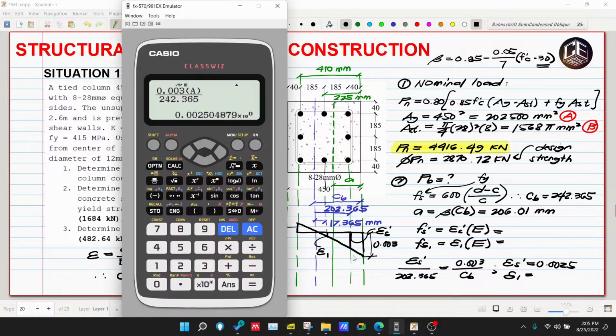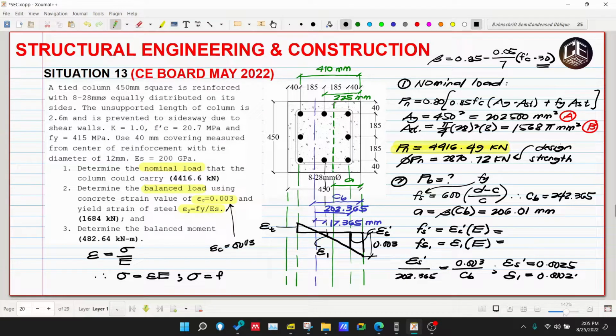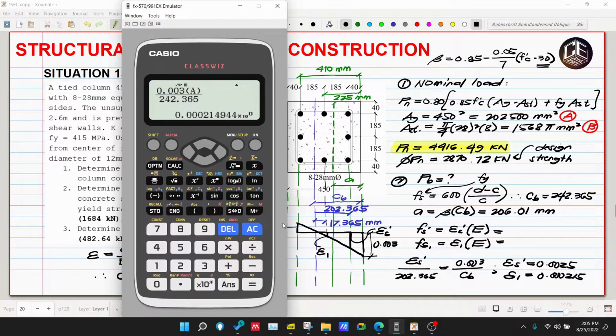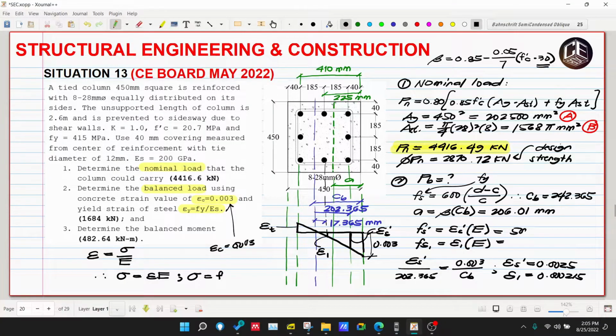Tapos, yung isa naman is 17.365. 0.000215. Kaya makukuha natin na Fs prime and Fs1 is 200 gigapascal multiplied by 0.0025. So this is 500 megapascal.